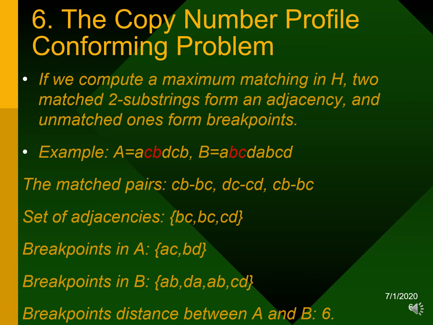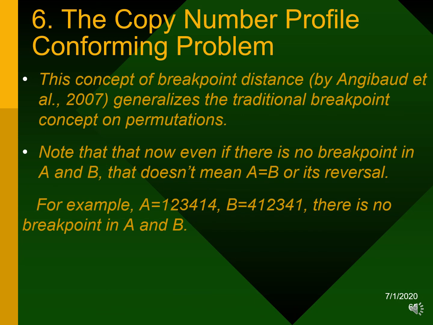So you can show that in fact the breakpoint distance is the length of A plus the length of B, I believe minus 2, minus twice the number of adjacencies. So in other words, if you can maximize the number of adjacencies, then you compute the corresponding breakpoint distance. They are symmetric.